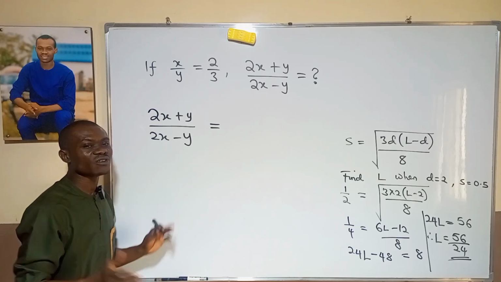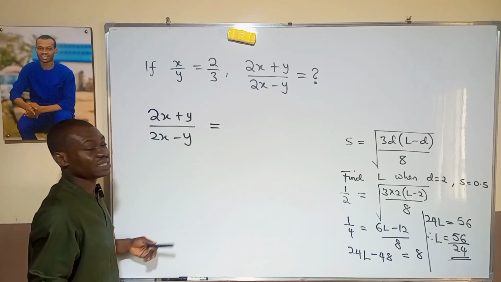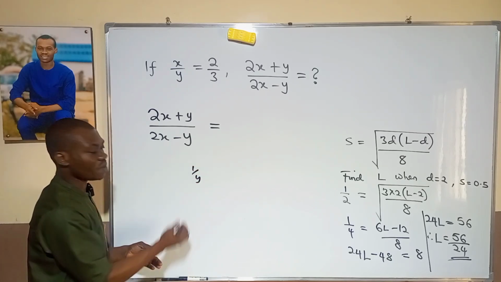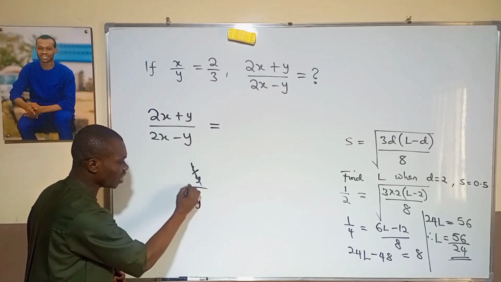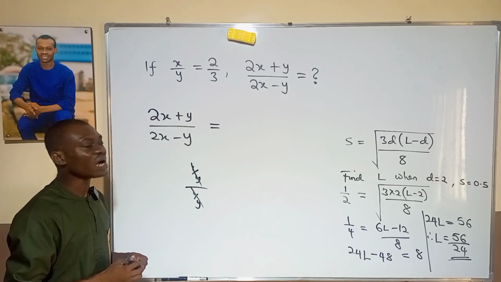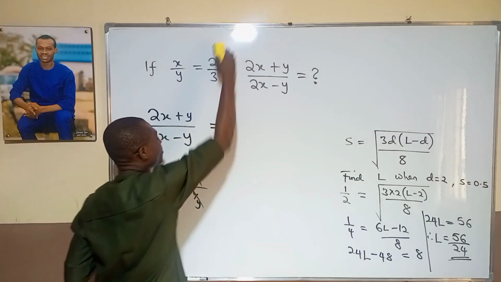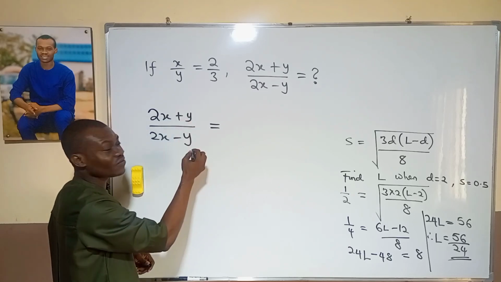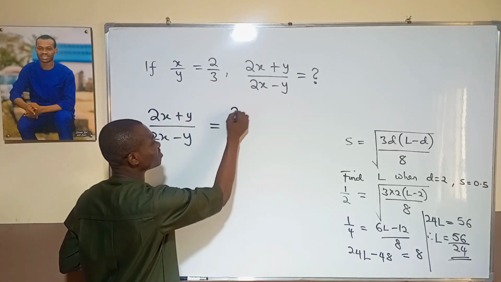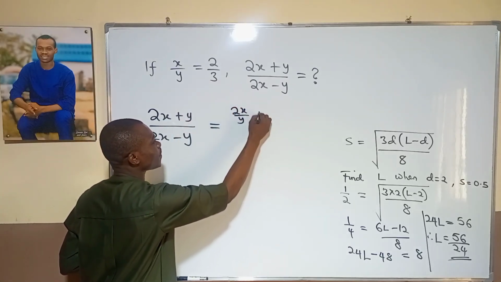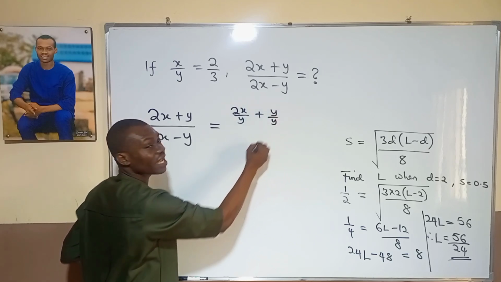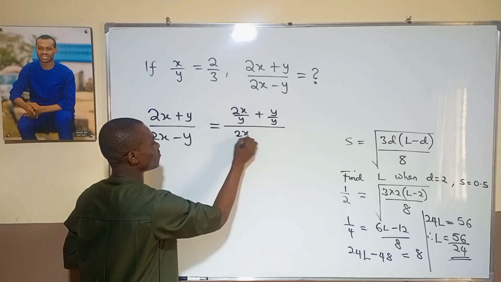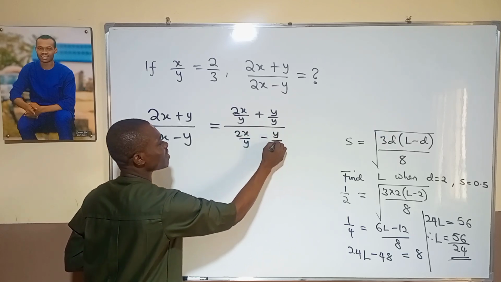By doing that, I have not changed anything. That's the same thing as saying multiply the numerator by 1 over y and the denominator by 1 over y. If you do that, the two of them will still cancel out. So you have not changed anything. Alright, so if I do that, see what is going to happen. By the time I divide the numerator by y, I'm going to get 2x over y plus y over y, and that is 2x over y minus y over y.